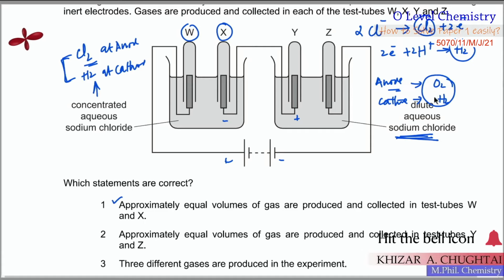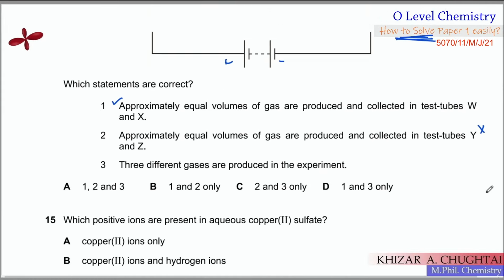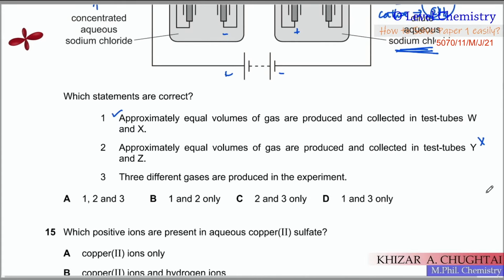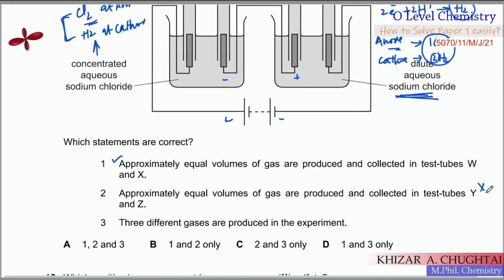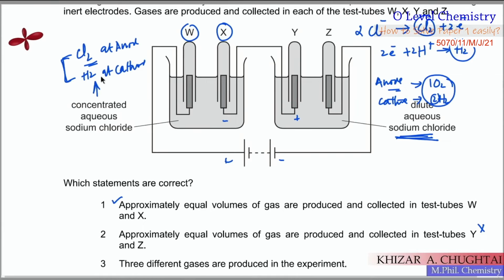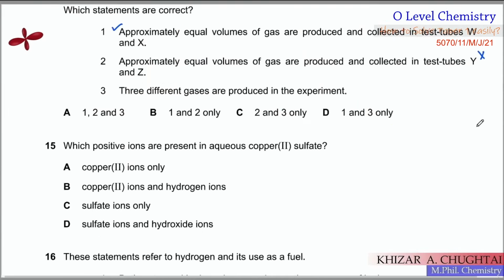Hydrogen will be 2 mole ratio and oxygen 1 mole ratio. So 2 is an incorrect option. Three different gases are produced in each experiment. Yes, it is true: hydrogen gas, chlorine gas, and oxygen gas. So D is the correct option.